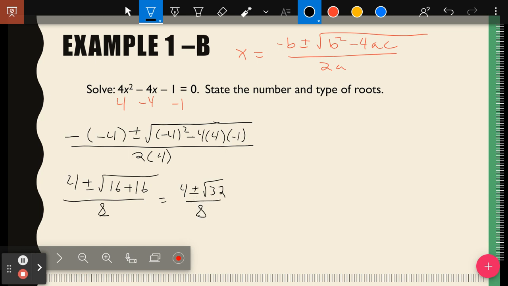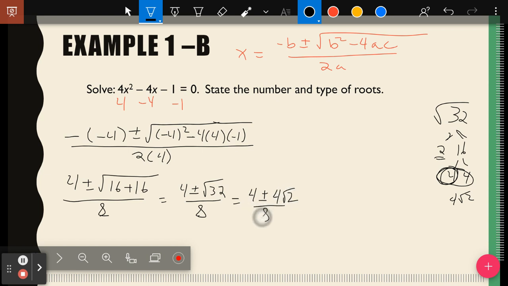Just for the sake of making sure we practice it, I'm going to go over here: root 32. I want to do 2 times 16, and 16, I'm going to do 4 times 4. I could break the 4s down, but anytime I get a pair, I want to say they can get out of jail. So 4 is out of jail now, 2 is left inside, and so 4 root 2. I want to make this 4 plus minus 4 root 2 over 8.